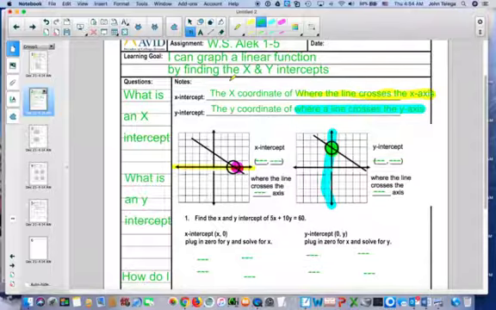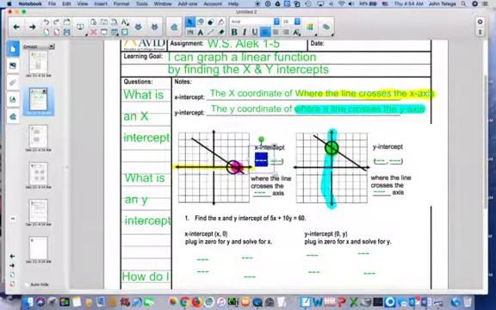So for the x-intercept right here, this would be the x, and the y-coordinate would always be a 0, okay?